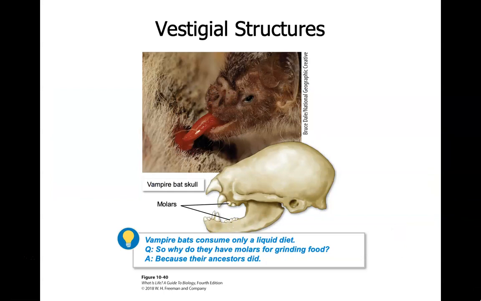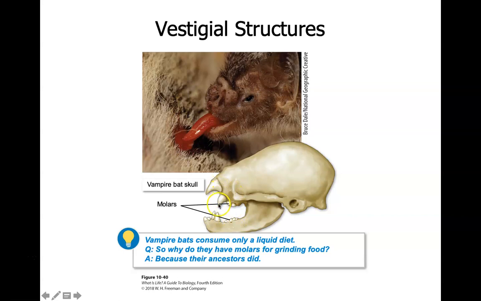So vestigial structures sometimes cause problems in understanding evolutionary history. Vestigial structures are structures that are present in organisms but no longer have a purpose. So the example here is this vampire bat, which has molars in the front, but they have an entirely liquid diet.